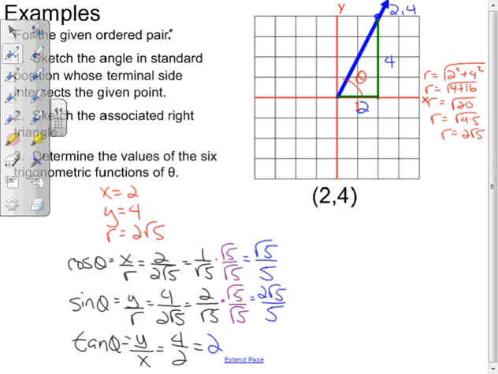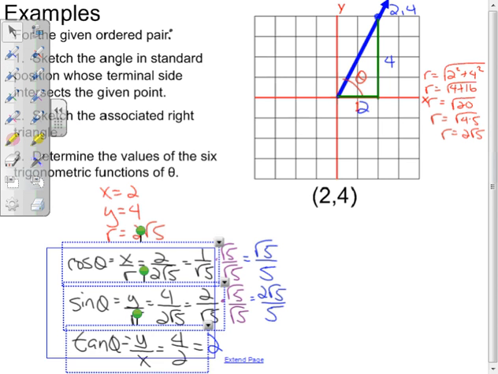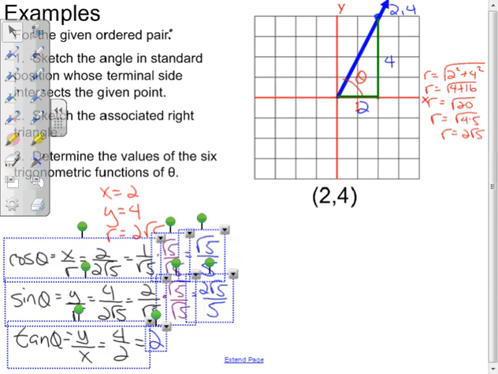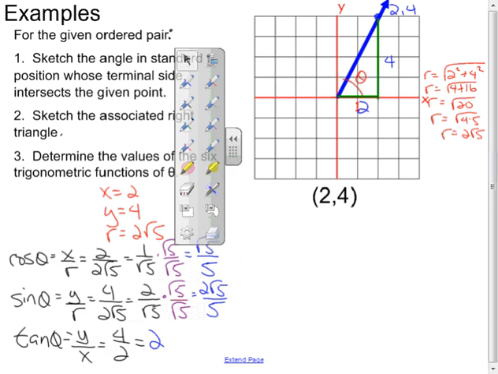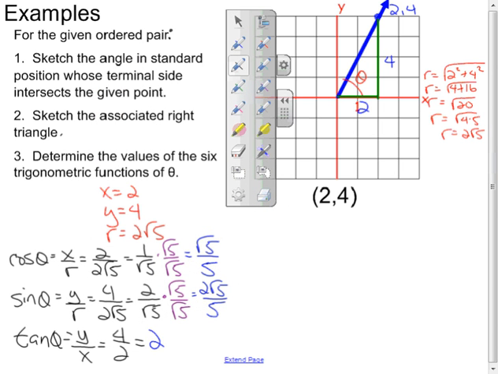Okay? So let me just make a little space here. Okay? And now I'm going to be able to do the reciprocals of cosine, sine, and tangent, which respectively are secant, cosecant, and cotangent. So the secant of theta is equal to r over x, which kind of is nice here because that's allowing me to have the radical on top.